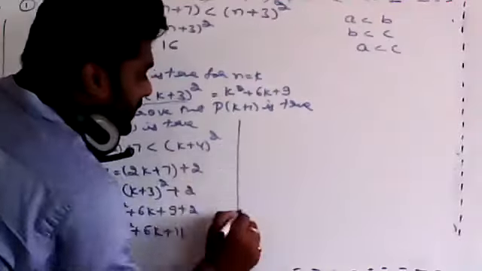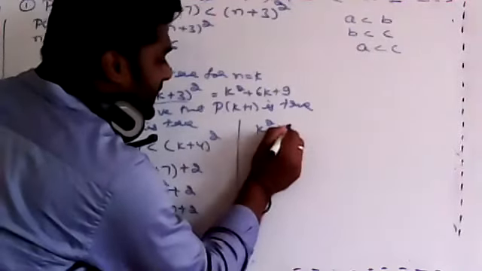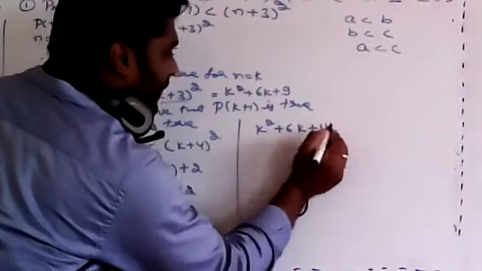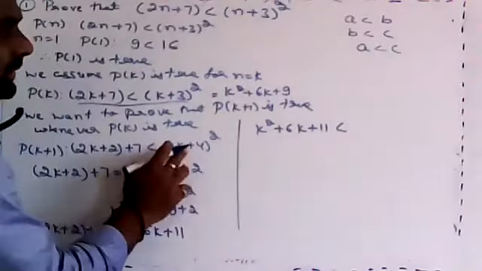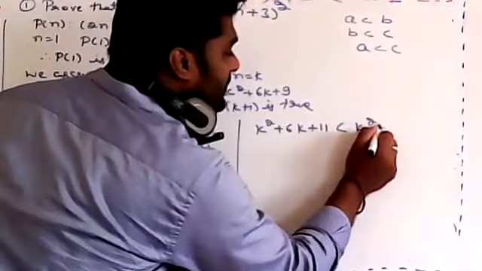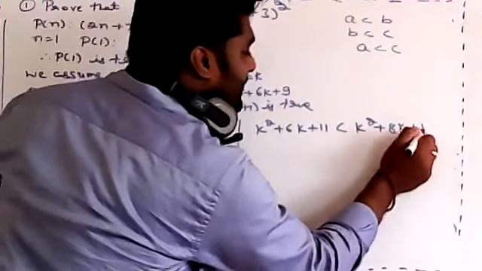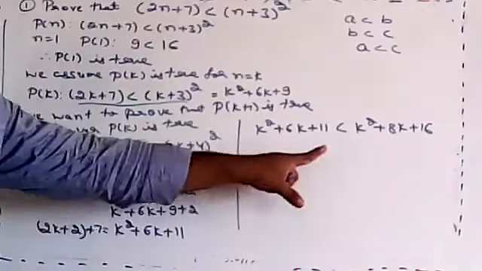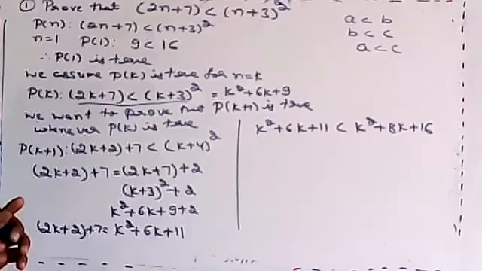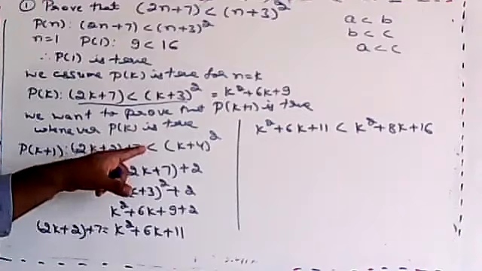What is (k plus 4) the whole square? Expand that one. This condition I'm taking: k square plus 6k plus 11 is less than k square plus 8k plus 16. Correct or not? Here we have to prove less than, the condition has been given.